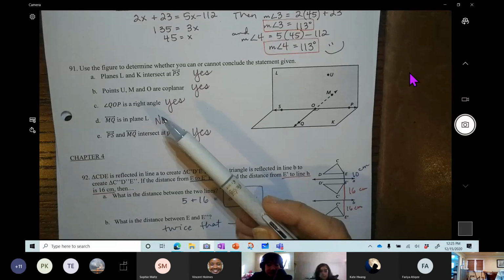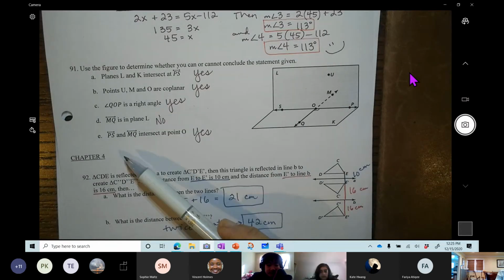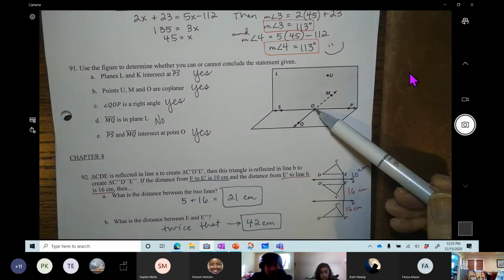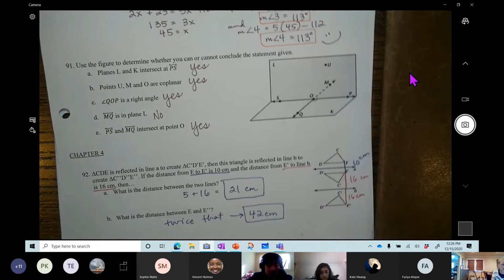So that's a no. And then PS and MQ intersect at point O. Yeah. So that's just a matter of looking at it and being careful with it.